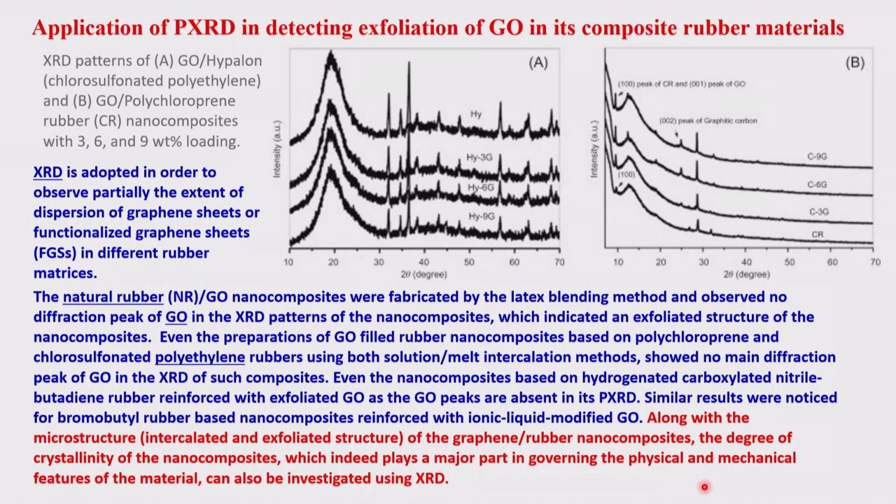Here, in this case, the physical and mechanical properties of the rubber are changing. In other cases, rubber could be a matrix. In case of graphene oxide, you can have any other material, and therefore you can change the light properties, electrical properties, magnetic properties, many of these things in the composites.